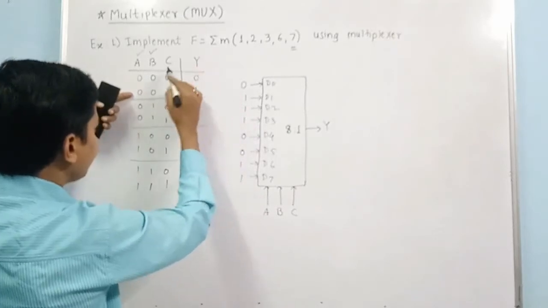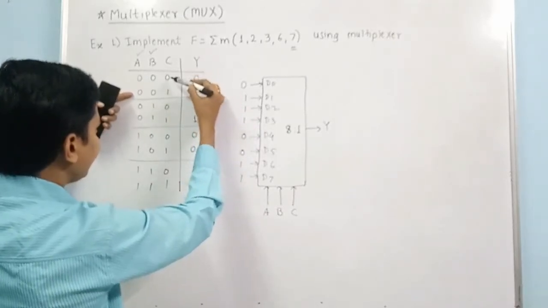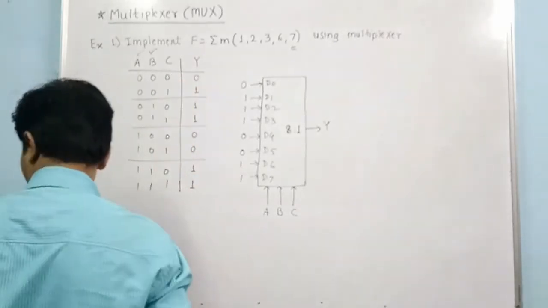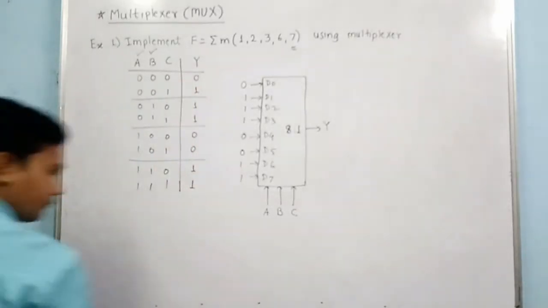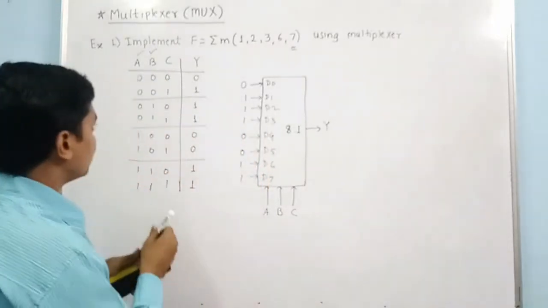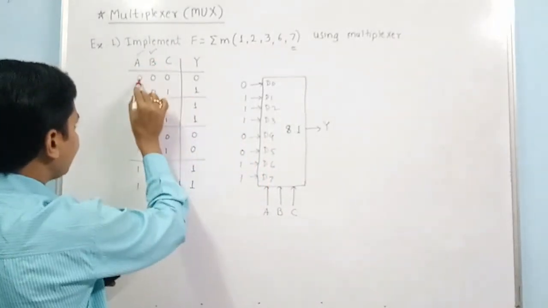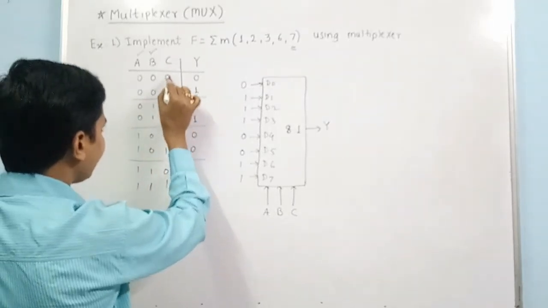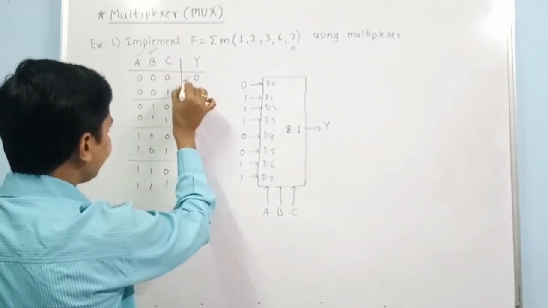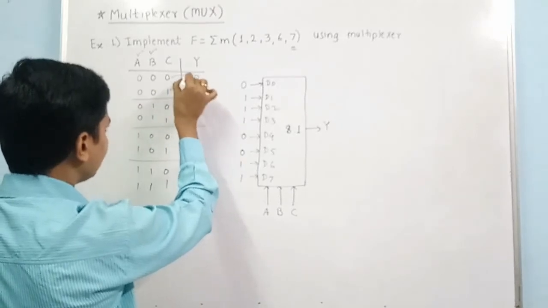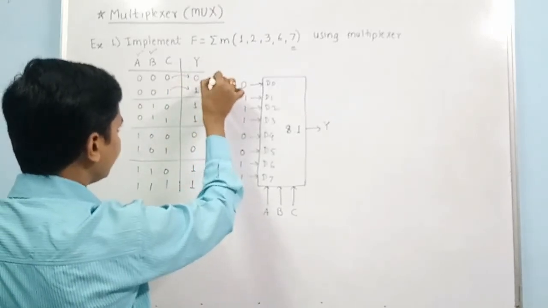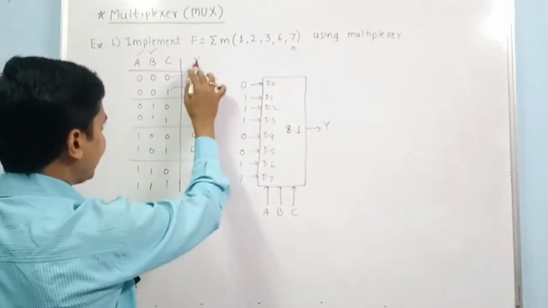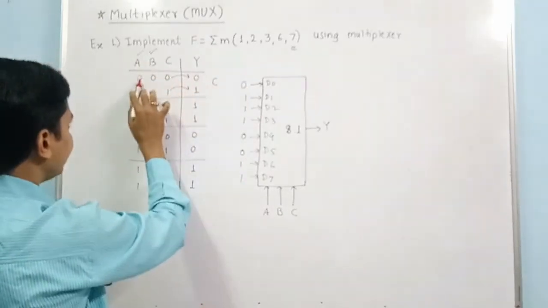So whatever the status is at C, the same status is transmitted at the output. So when A and B is equal to 0 0, whatever C status is available, that is transmitted at its output. Okay, so here output is what? C. Okay, the state of C is transmitted at its Y when A and B are 0 0.